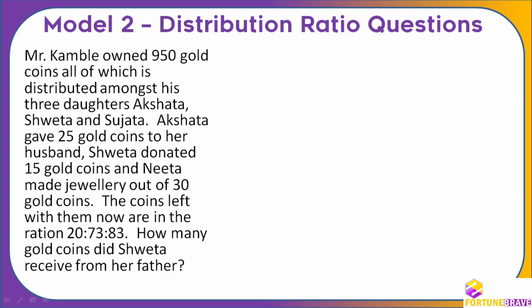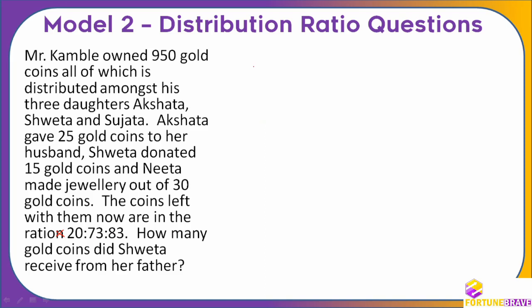Shweta donated 15 gold coins and Neeta made jewelry out of 30 gold coins. The coins left with them now are in the ratio 20 is to 73 is to 83. How many gold coins did Shweta receive from her father? So very simple question, my dear friends.